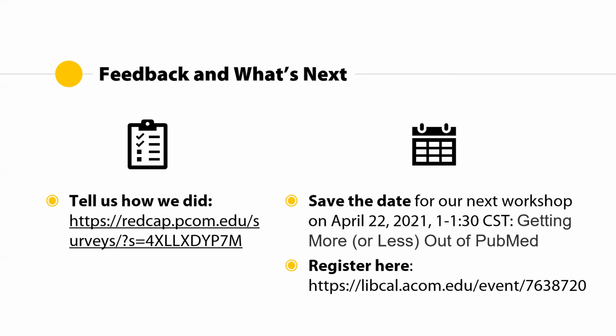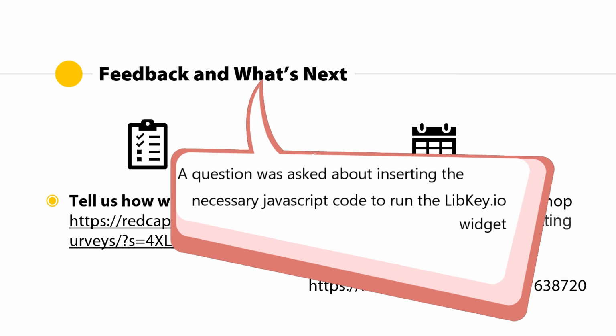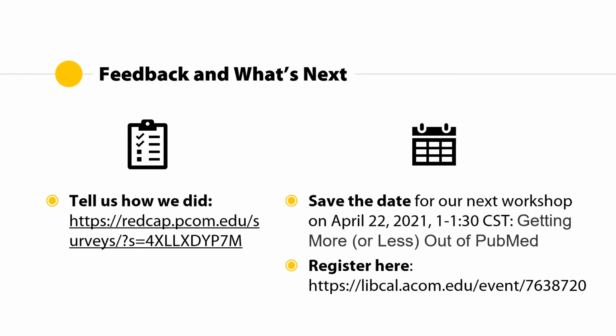Okay, so the JavaScript, when I did it in LibGuides, I had access to that and it worked easily there. I haven't put it into something like WordPress or anything like that. I don't think it would be much of an issue.